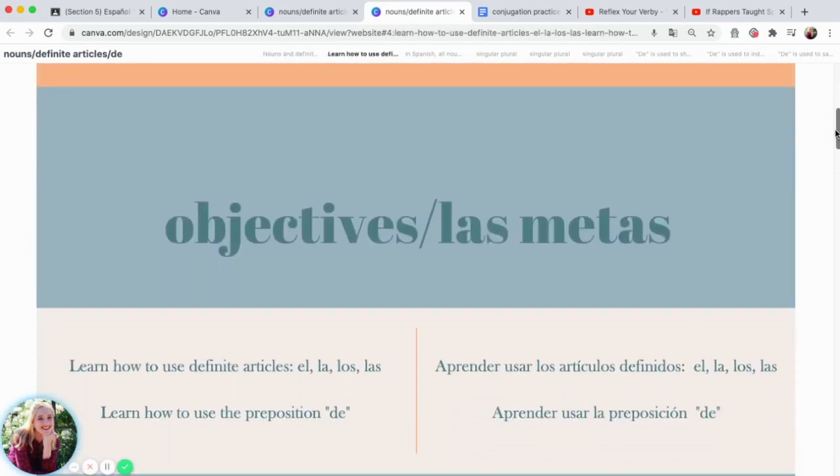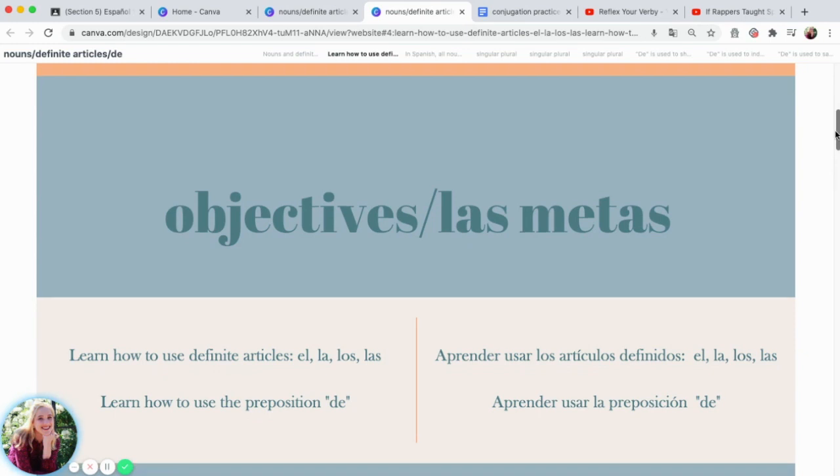So our objectives for today, las metas de hoy, we want to learn how to use definite articles. So definite articles are going to be el, la, los, las. So in English, it's sort of the equivalent to the word the. So we want to aprender usar los artículos definidos, el, la, los, y las.